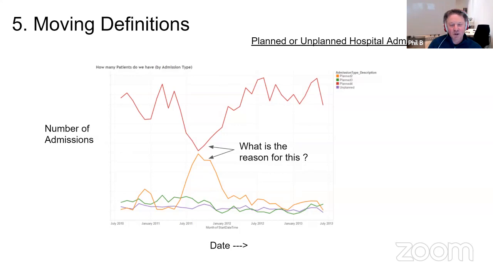What I suspect went on here is there was a new person, maybe someone was on maternity leave or something, and they got a new person doing the coding, and they were getting some definitions wrong. But why this is important: if you were modeling this and using, say, time as a predictor, it would tell you that time was important, but it's nothing to do with time. It's to do with the data being wrong at a particular point in time.